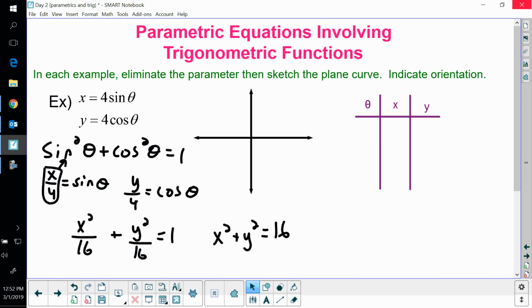Our parameter here was the theta. So we're going to do our nice values. We'll do 0, pi over 2, pi, 3 pi over 2, and 2 pi. And the reason for this is this will get our orientation for us.